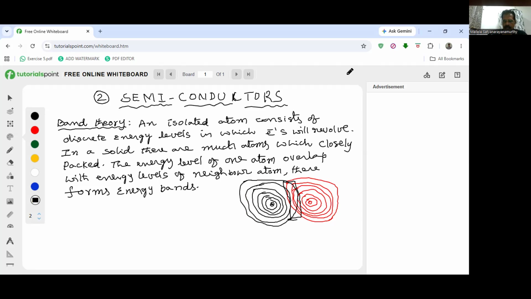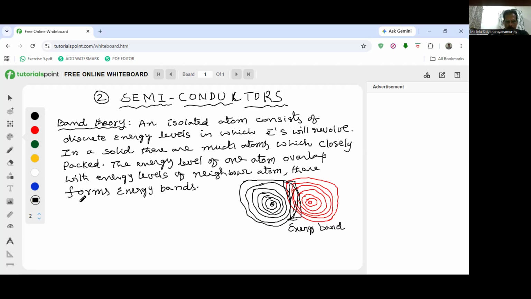This is called an energy band. So energy levels will overlap and form energy bands.